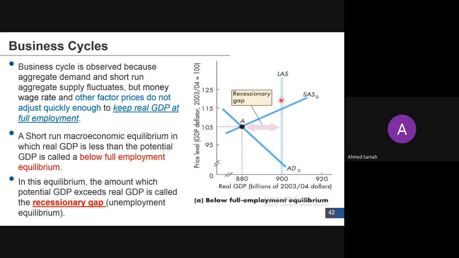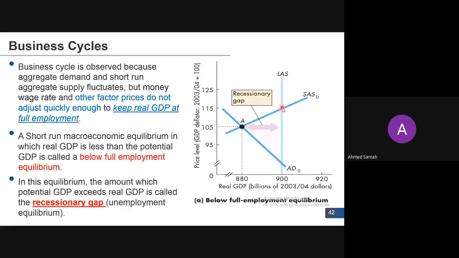So a short-term macroeconomic equilibrium in which the GDP is less than the potential GDP is called below full employment. The long-run aggregate supply curve shows the potential GDP level. So if this output level is lower than the potential output level, then we are at a below full employment equilibrium. Yeah.